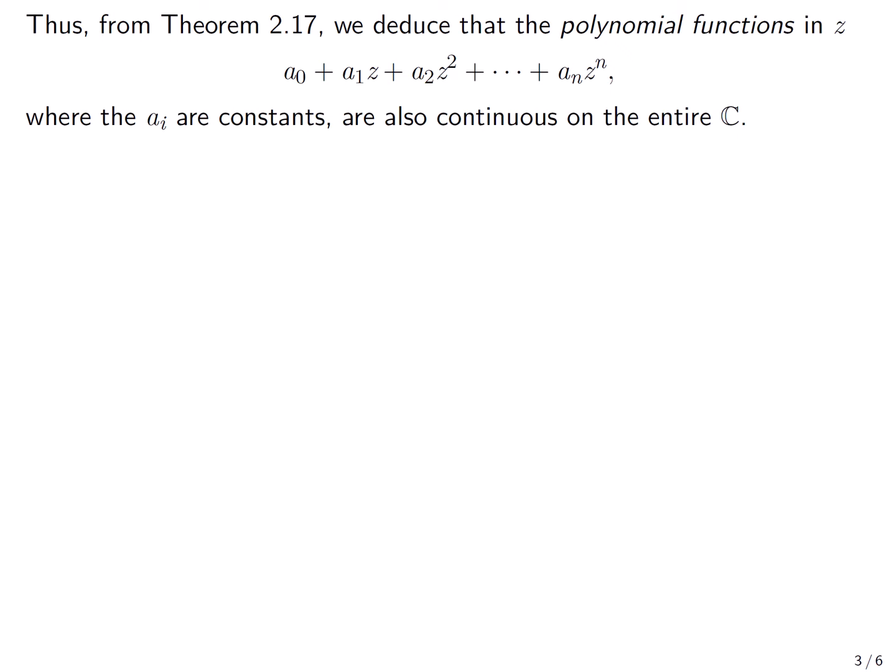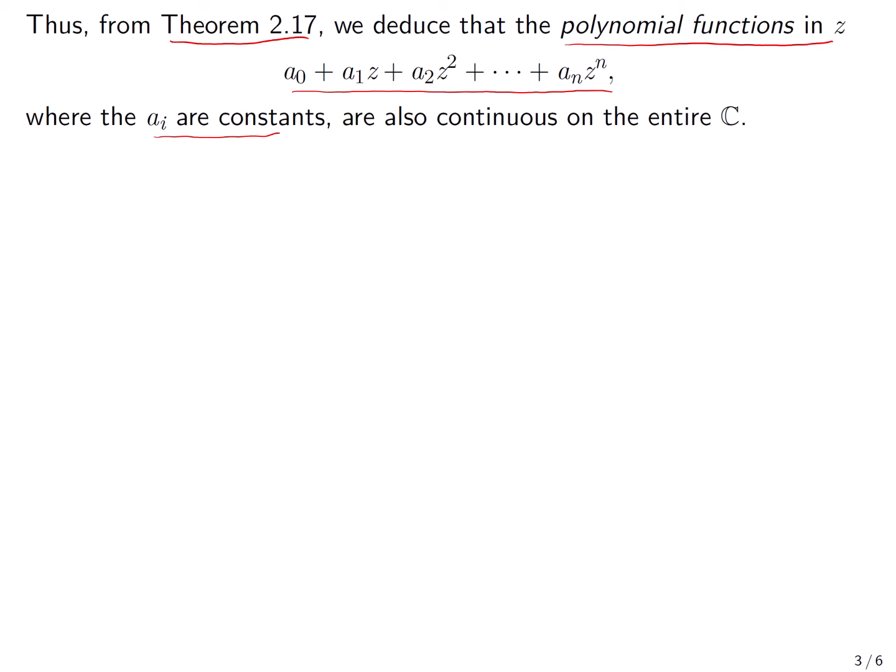For example, the theorem implies several interesting situations that are very important for the future. For example, the polynomial function. We can write a polynomial function in the form a0 plus a1 z plus a2 z squared up to an z^n. That's what we call a polynomial in C, where the ai's are constants.